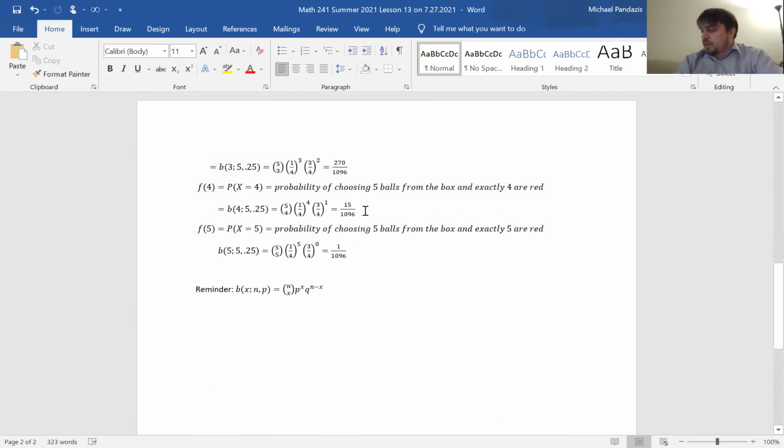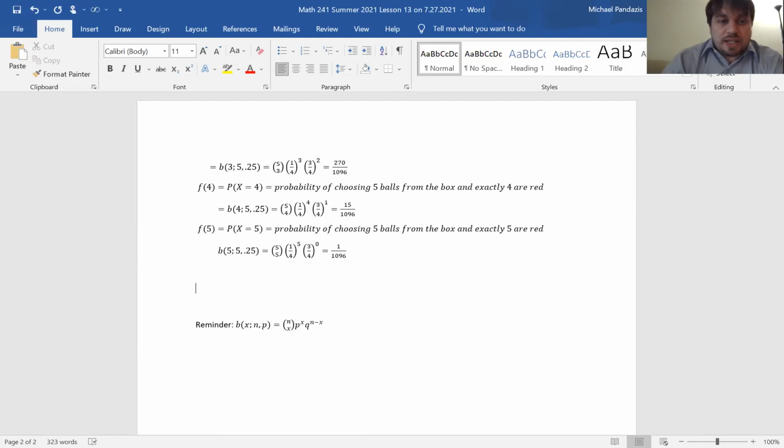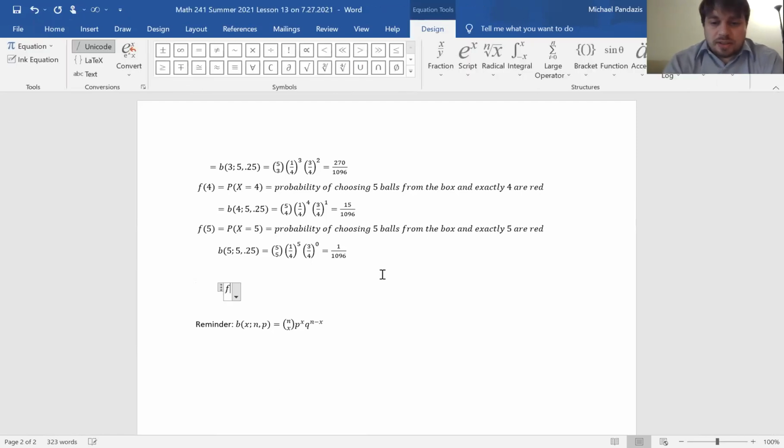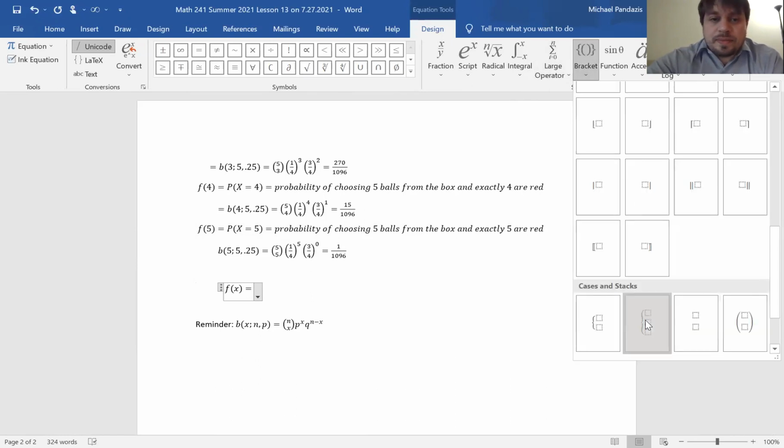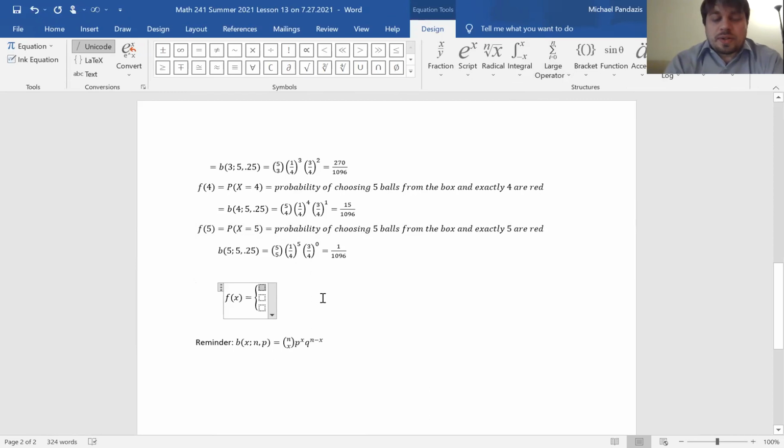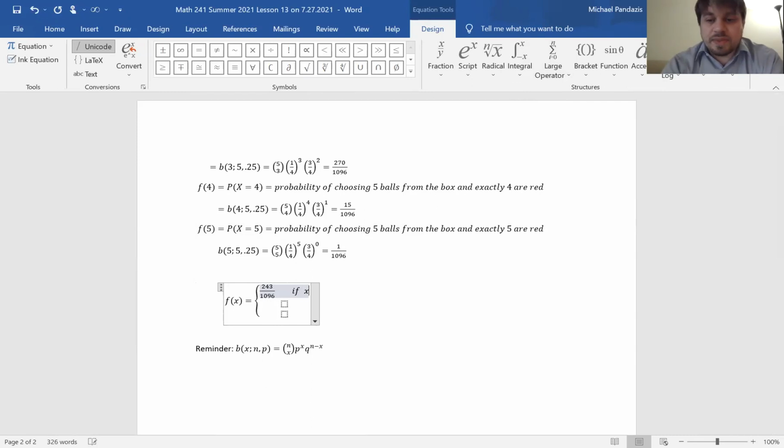So those are all the probabilities, and so that answers the question of what the probability function is. Just to write it out, f of x in this example is equal to, so we said the probability is 243 over 1096 if x is equal to 0.